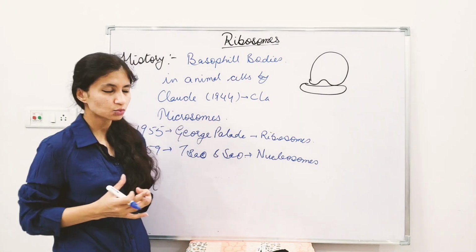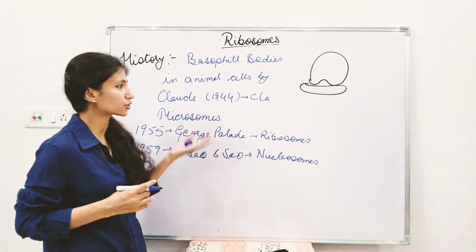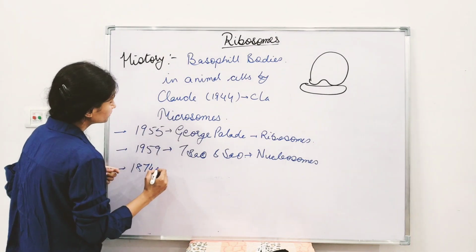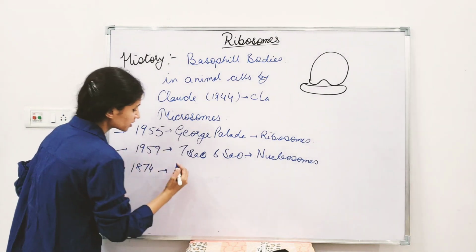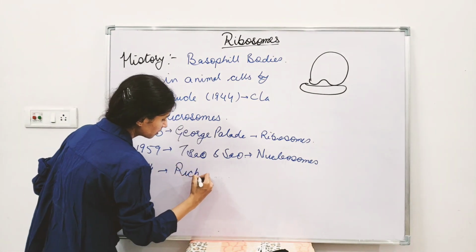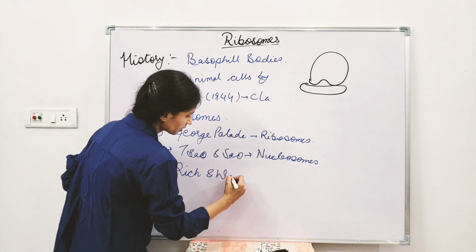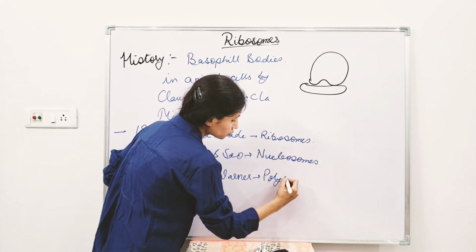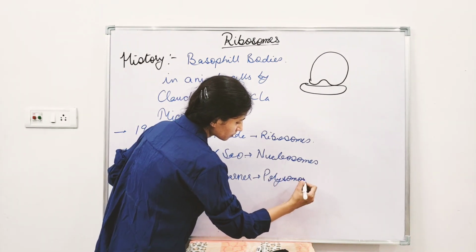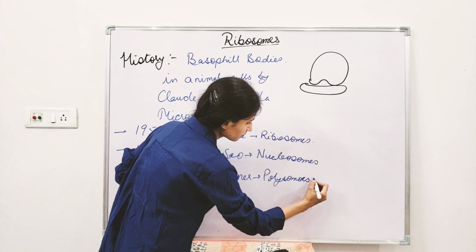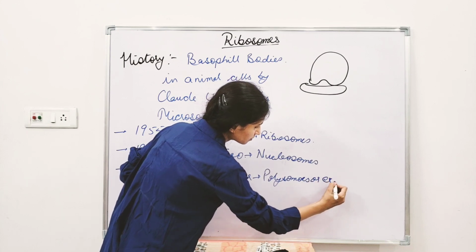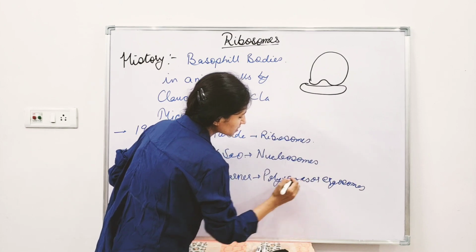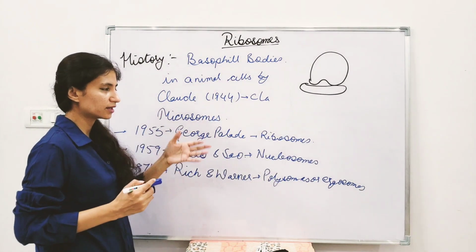We will discuss these two terms later in the section. In the year 1974, two scientists, Rich and Warner, discovered polysomes or ergosomes.